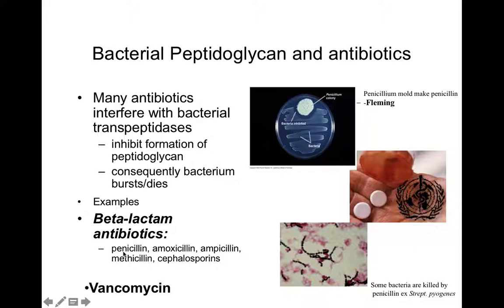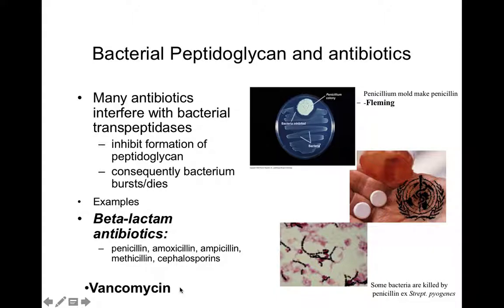And I'll give you the fancy description here: beta-lactam antibiotics are irreversible competitive inhibitors of bacterial transpeptidase. An inhibitor is something that stops function. So remember that beta-lactam antibiotics like penicillin, amoxicillin, ampicillin, methicillin, and the cephalosporins bind to bacterial transpeptidase and stop it from forming those peptide crosslinks in peptidoglycan. As a result, the peptidoglycan weakens, the cell wall weakens, and you will kill those pathogenic bacteria through osmotic lysis.